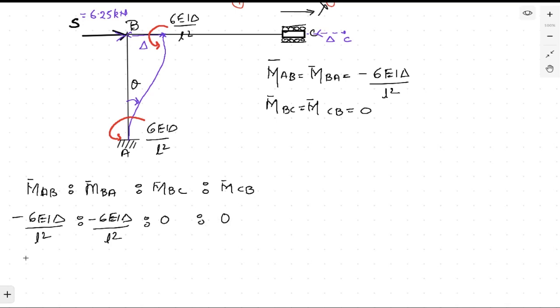Or we can say that this will be equal to minus 1 is to minus 1 is to 0 is to 0. It means that this will be the ratio of the sway moments.